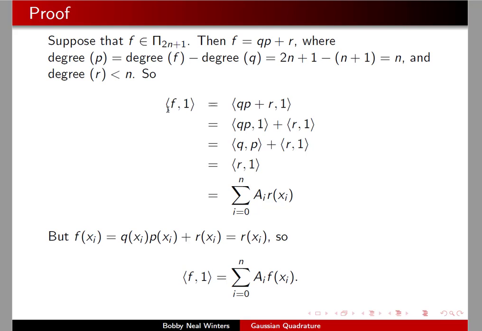Okay, now let's think about it. The inner product of f with 1 is the inner product of q times p plus r with 1. We use the properties of the inner product to break this sum down.